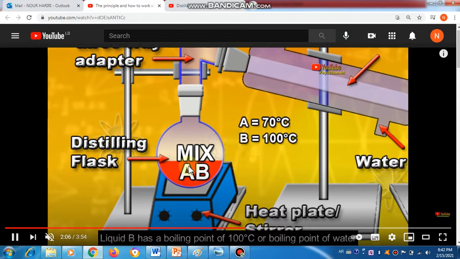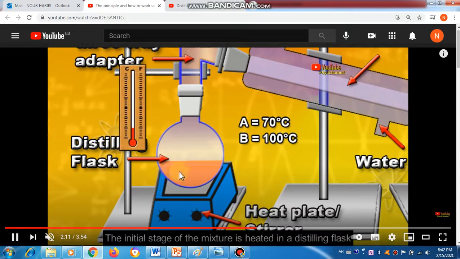Look what happens and how we can separate miscible liquids from each other using the simple distillation. Look, they are miscible liquids because they made a one-phase homogeneous mixture. طيب, we started heating this homogeneous mixture composed of A and B, and we are reading the temperature by the thermometer.